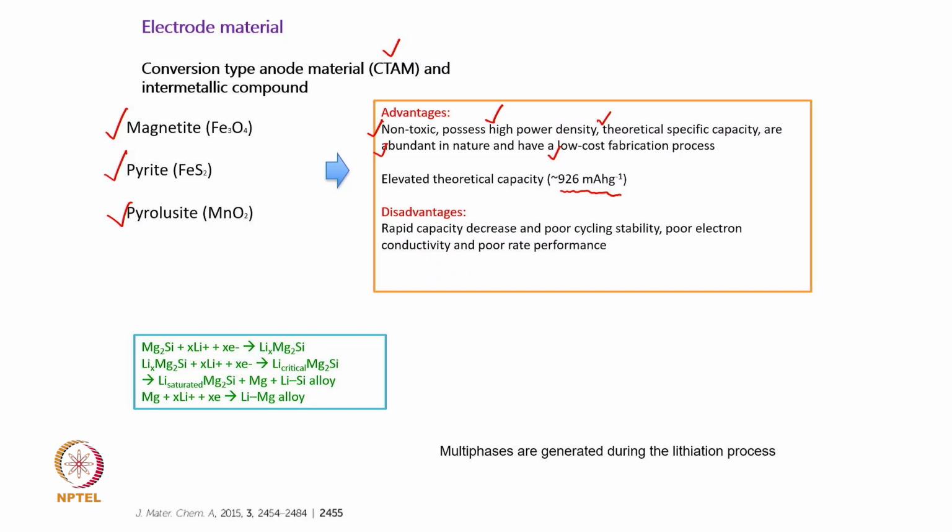However, there are some disadvantages of these materials also. There is a rapid decrease in the capacity which is seen, and the cycling stability is also not up to the mark, and then electron conductivity is also not very good in this material, and there is poor rate performance. So, there are certain advantages of carbon based material and some disadvantages of carbon based material.